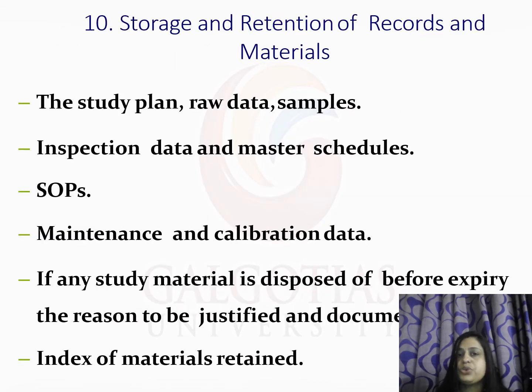Then storage and retention of recorded material: the study plan, raw data, samples, inspection data and master schedules, SOPs, maintenance and calibration data. If any study material is disposed of before expiry, the reason must be justified and documented, with an index of material retained.